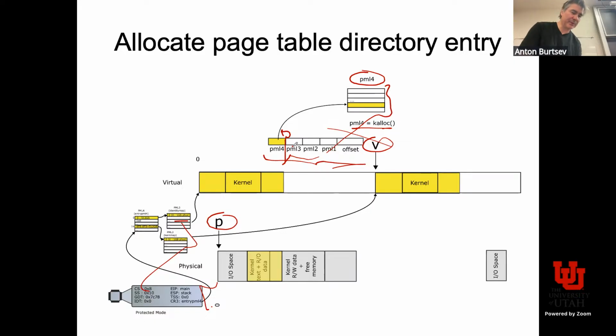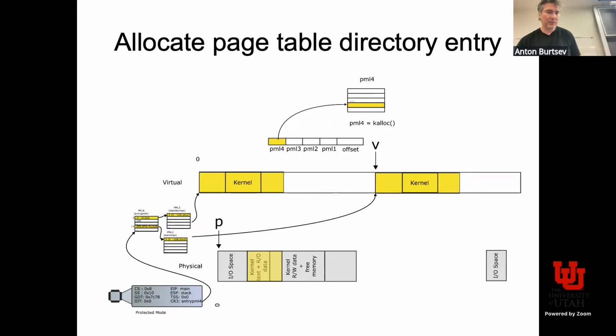Right, you split them so you can reason about this: these 9 bits will choose one entry in this PML4 page table, right?